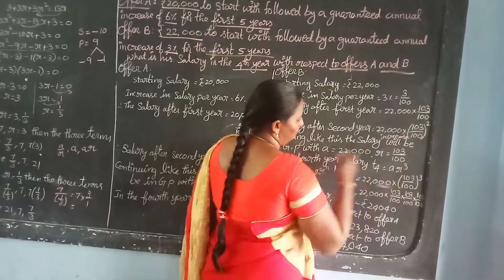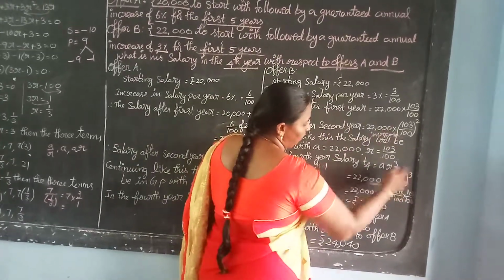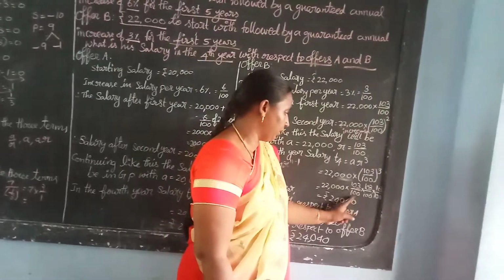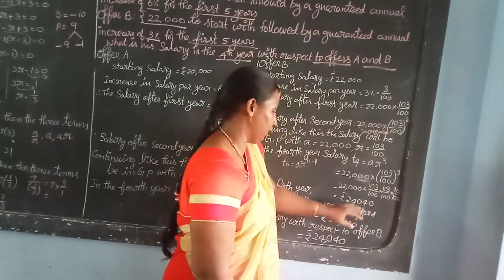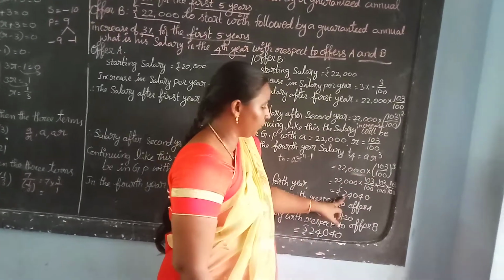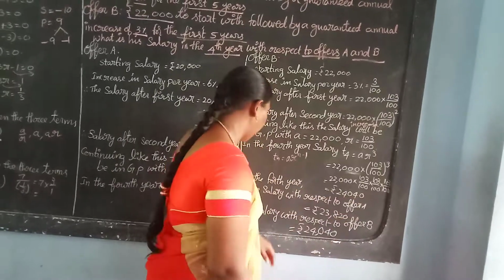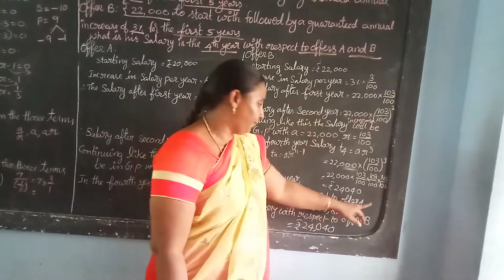So T4 equal to AR cube. A is 22,000 into 103 by 100 whole cube. So 22,000 into 103 by 100 into 103 by 100 into 103 by 100. If you simplify this, you will get 24,040 rupees.